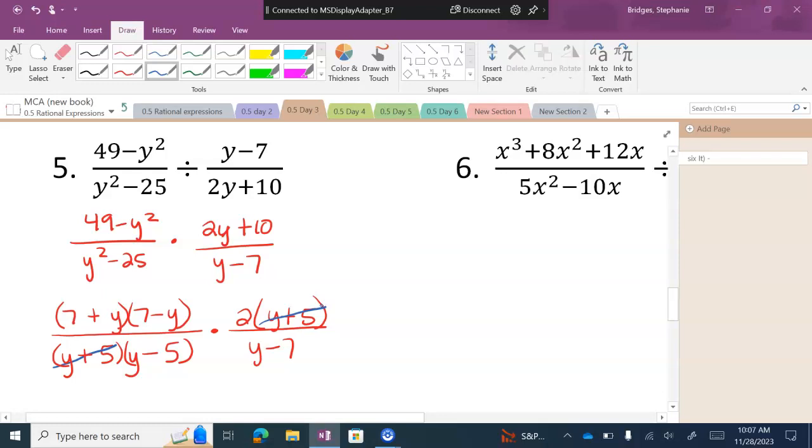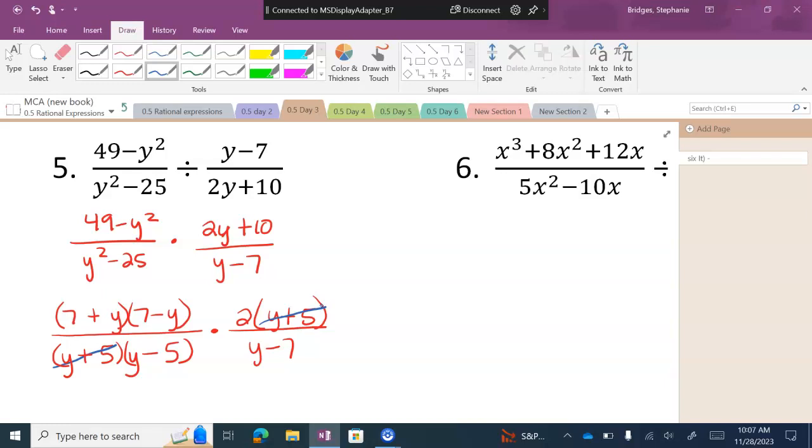So I just want to talk about that for a minute. 7 minus y at the top, and I have y minus 7 at the bottom. I'm going to pick a number, like 2, okay? If I put in 2 for y, let's just see what happens. If I did 7 minus 2, that gives me 5, and 2 minus 7 gives me negative 5. Well, that doesn't completely cancel out, but it does cancel to be what?